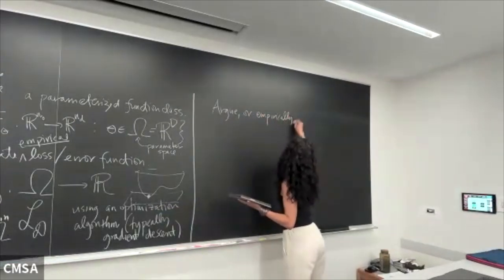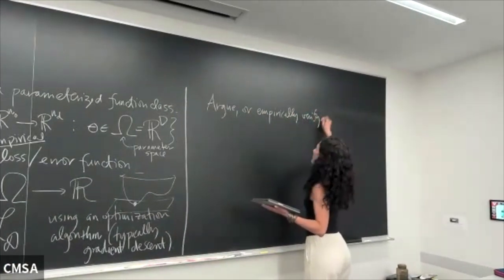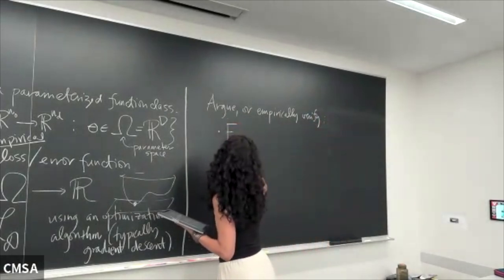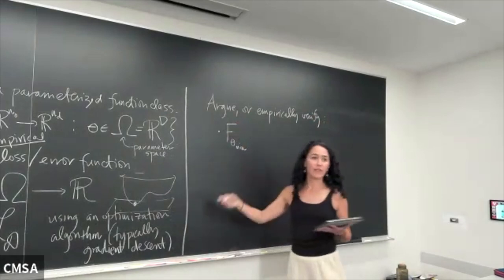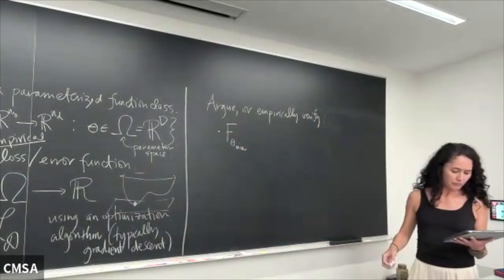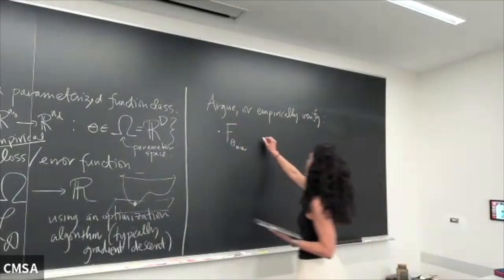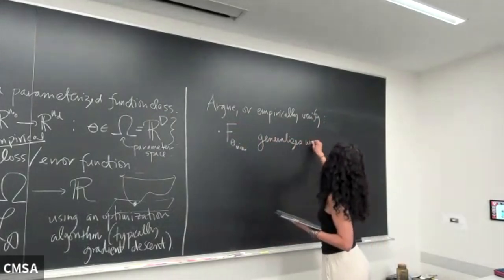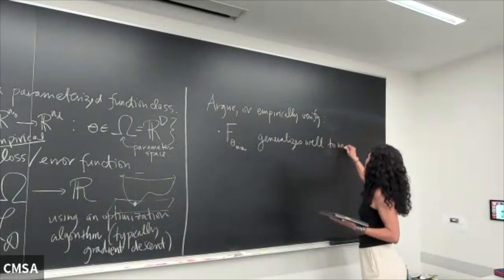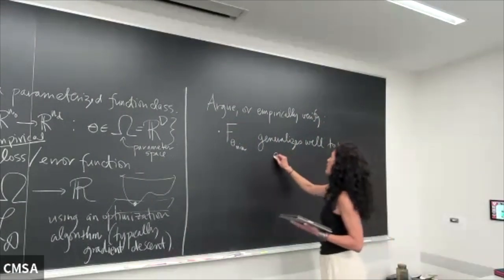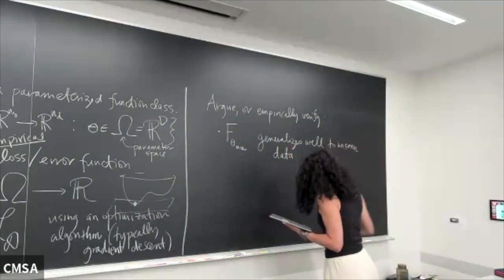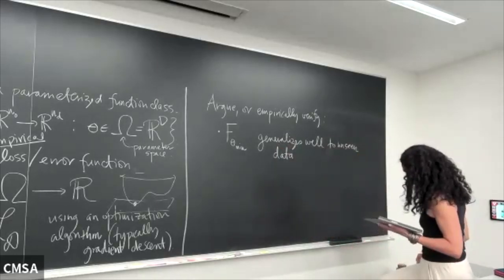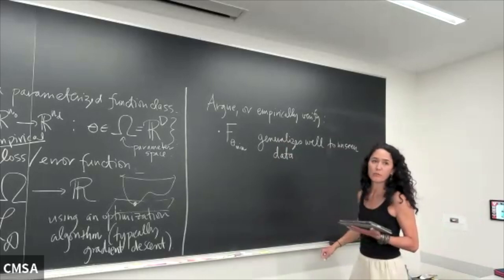Okay, and then at the end, what you're trying to do is argue or empirically verify in some way that this function that you found via this optimization algorithm generalizes well to unseen data. So you don't want to just learn the function on a particular data set that you've drawn from this unknown probability distribution.